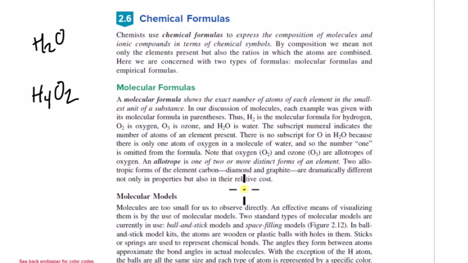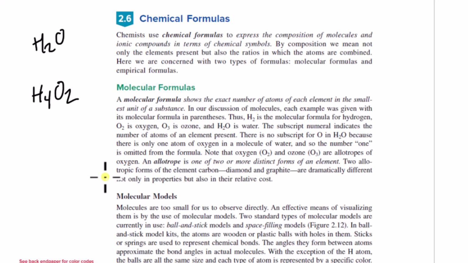2 allotropic forms of the element carbon, diamond and graphite, are dramatically different, not only in properties, but also in their relative cost. So we've been seeing that when it comes to elemental forms of substances, you could zoom in on a substance and you're dealing with oxygen. It's composed of only the element oxygen atoms. Or you could zoom in on some substance composed of purely carbon atoms, a substance that you would say is the element carbon.